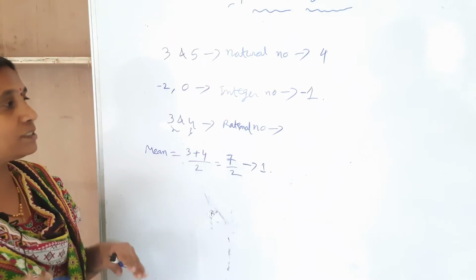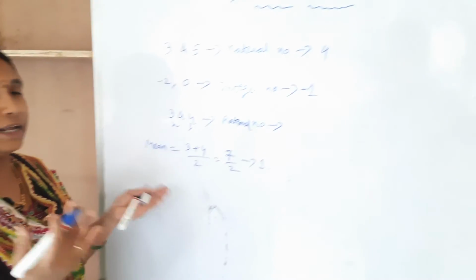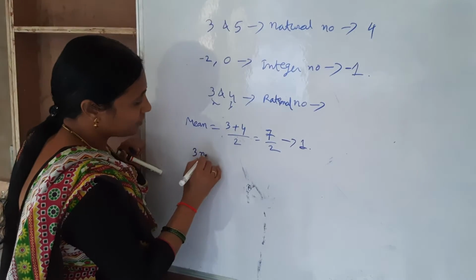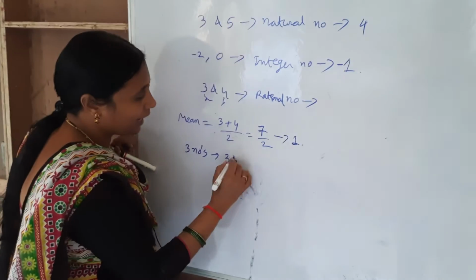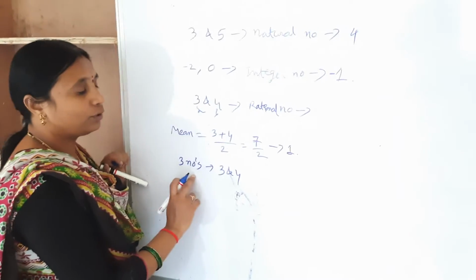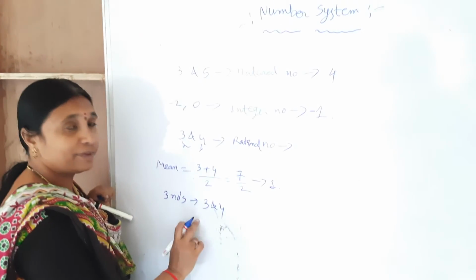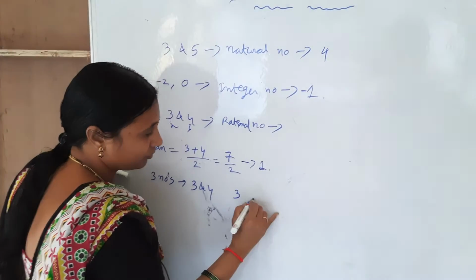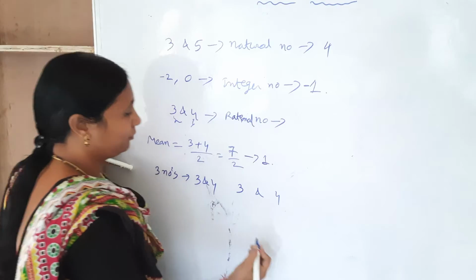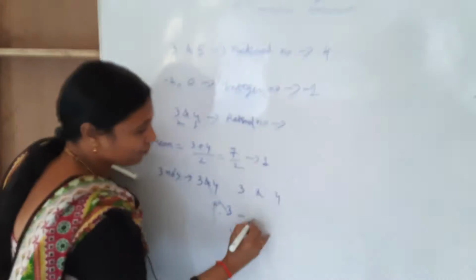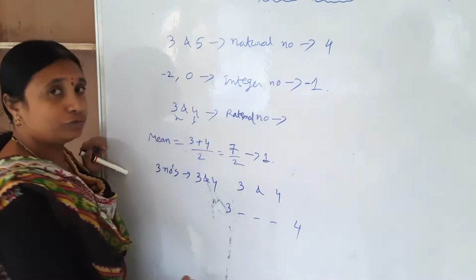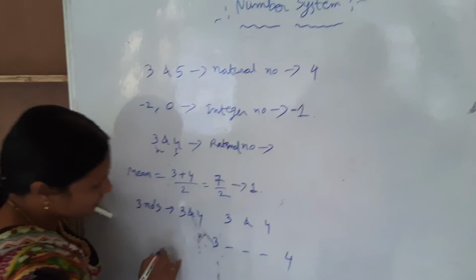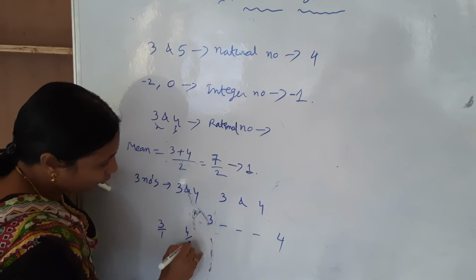Suppose we want to insert more than one number. What is the process? Suppose I want to insert 3 rational numbers between 3 and 4. We change these numbers into 3 by 1 and 4 by 1.